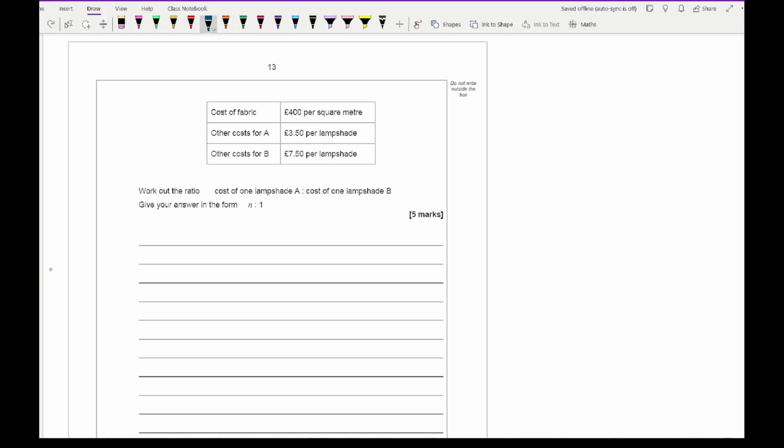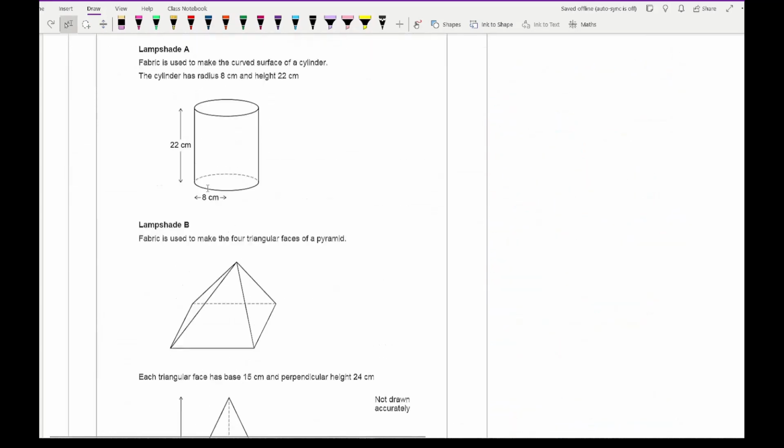First of all, let's work out the fabric cost. So here, in terms of the surface area of fabric needed, do that first. So here we've got the cylinder. The formula for that is 2 pi r h, because we're only wanting the curved bit, we're not wanting the circles. So for this, we're looking at square meters. So I would say that we're probably better off converting these lengths into meters.